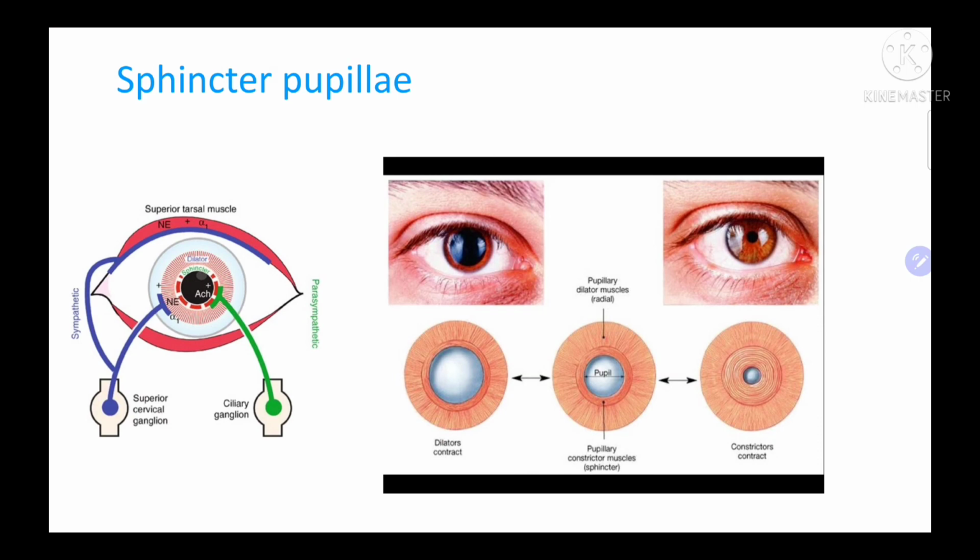When these muscles constrict, it's called miosis, and when it's dilated bigger, we call mydriasis. But this doesn't only depend on the light, okay? It also depends on emotions.